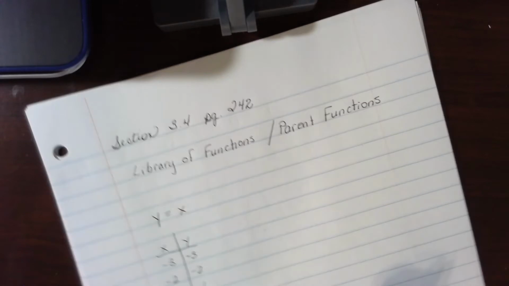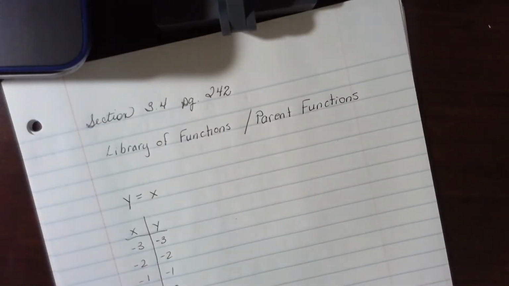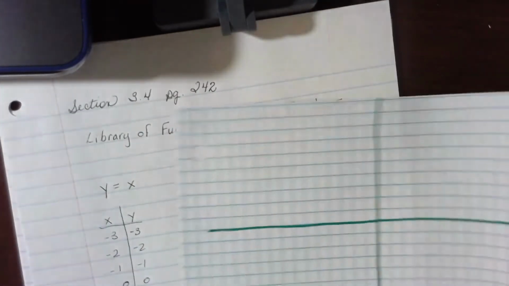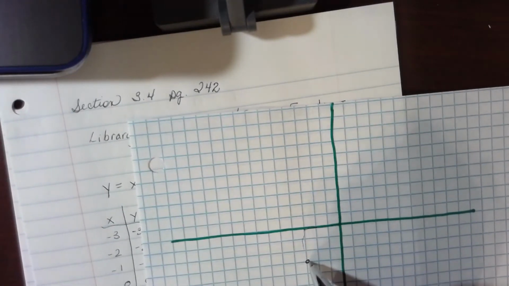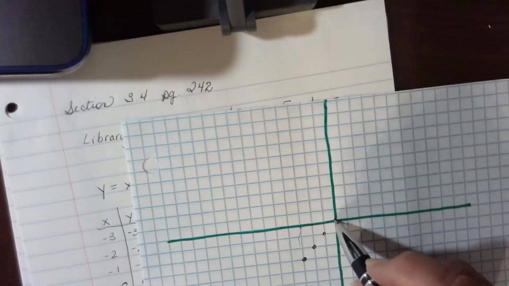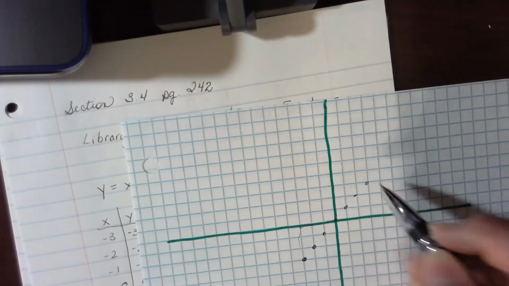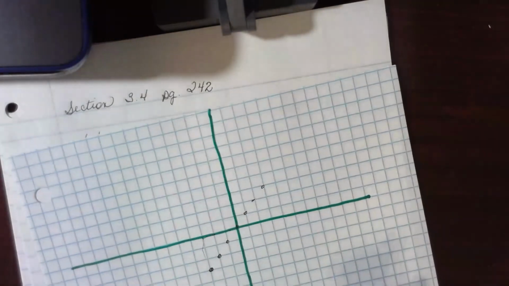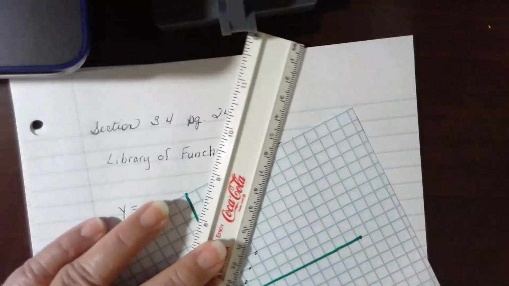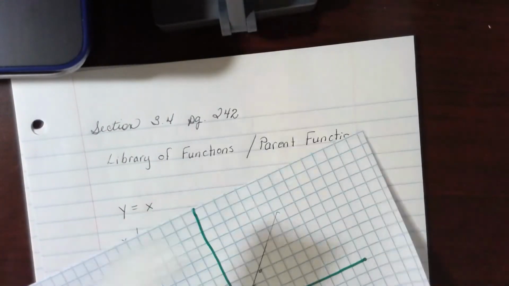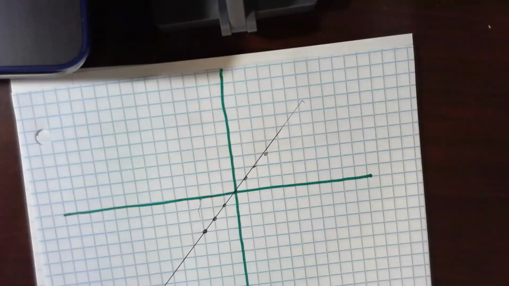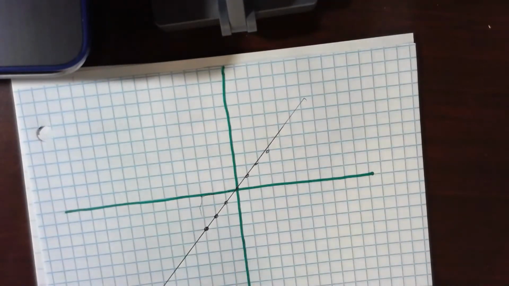And if you were to plot those points on a graph, -3, -3, -2, -2, -1, -1, 0, 0, 1, 1, 2, 2, 3, 3, you would get that 45-degree line that I mentioned a while ago. That's called the identity function. And that's what it would look like.